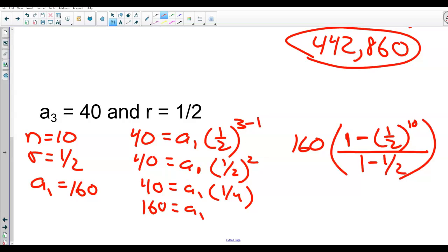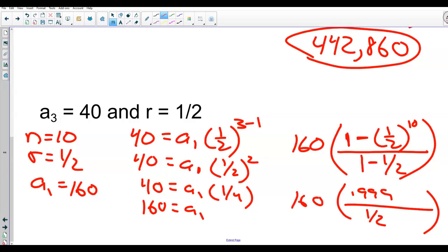So when I do this in my calculator, I'm going to go 1 divided by 2, and I'm going to raise that to the 10th power. And we're going to get something like 0.999. I'm not going to round it though. 1 minus 1/2 is just 1/2.